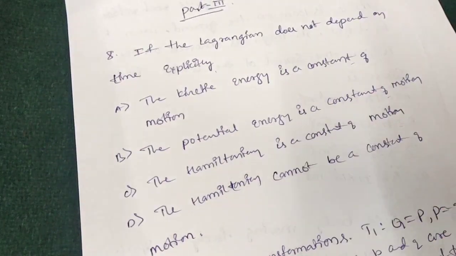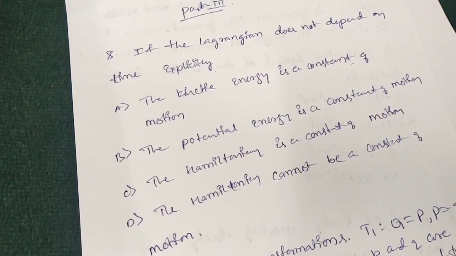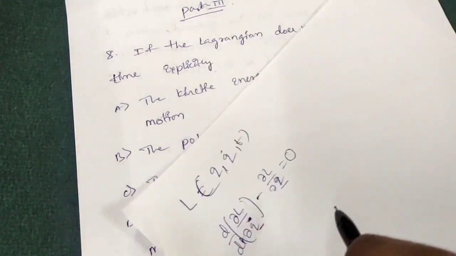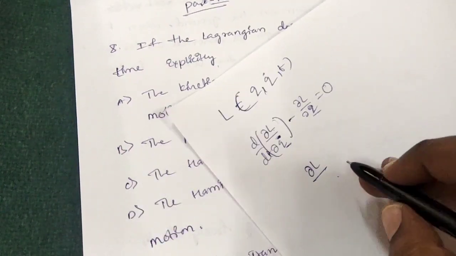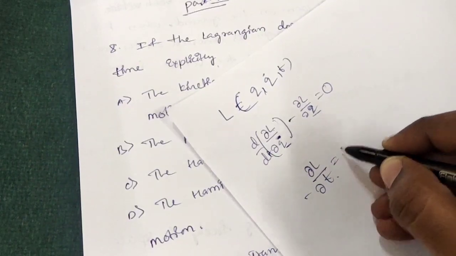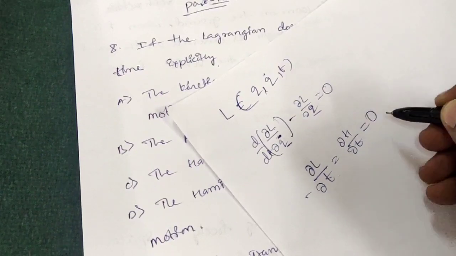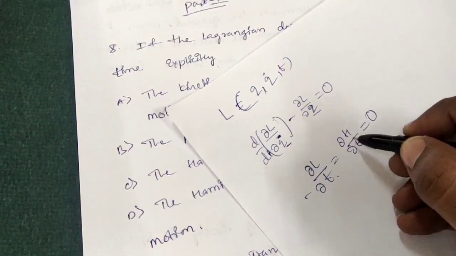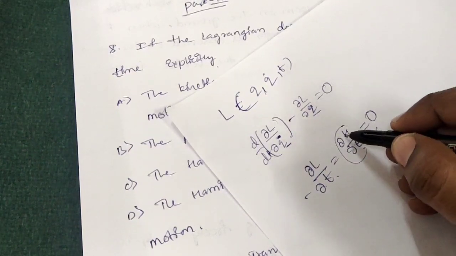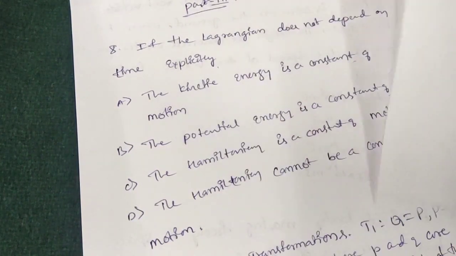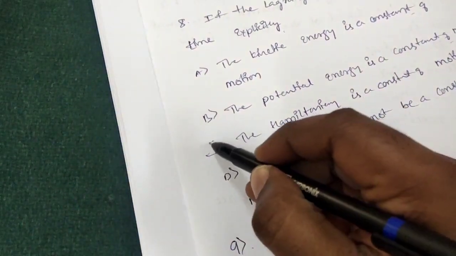If the Lagrangian does not depend on time, then minus dou L by dou t is equal to dou H by dou t, which is equal to 0. That means the Hamiltonian is also a constant of motion. Option C is correct.